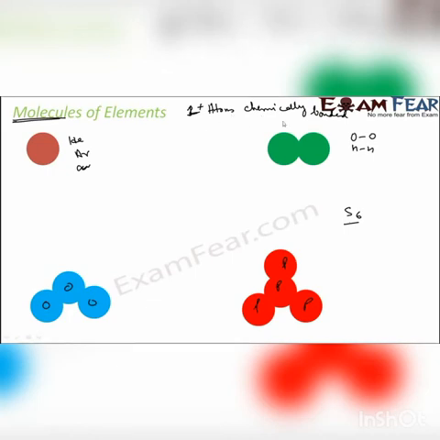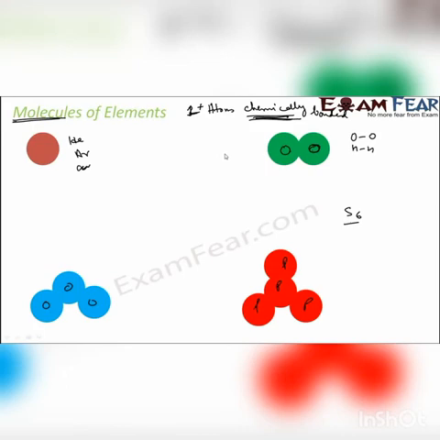When I say combined chemically or chemically bonded, I mean they are tightly held by an attractive force. There is a force of attraction between these two oxygen atoms, which is holding them together. We'll talk about this in the next class.